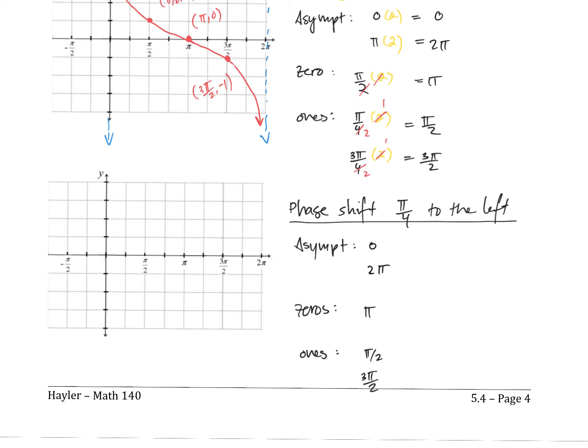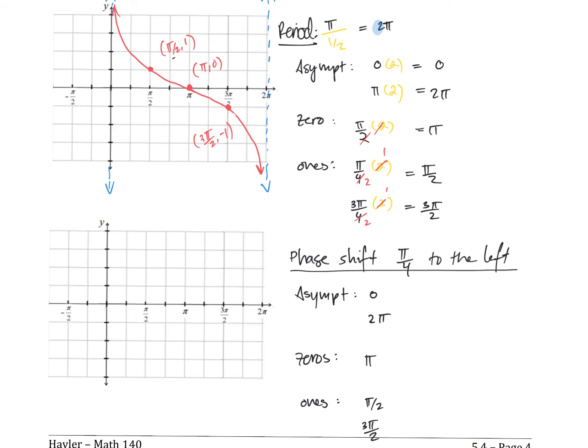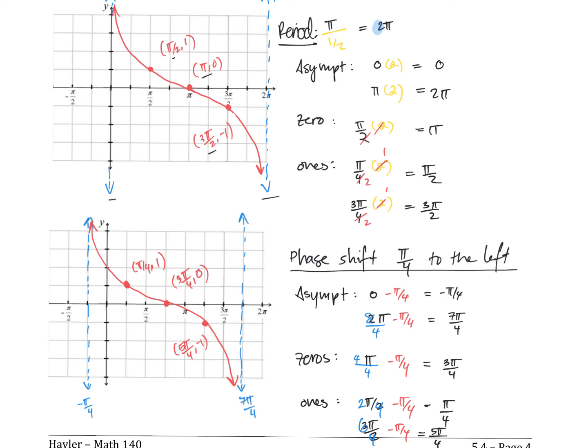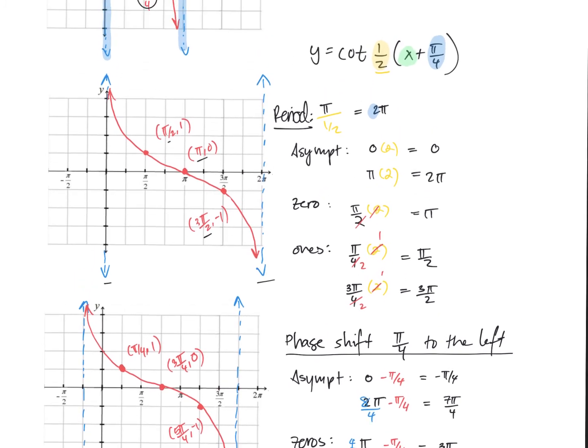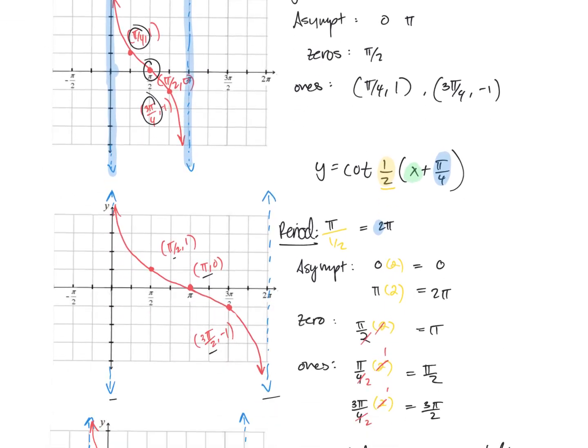Remember, we're building off of these. So we have our zeros, our ones, and then our asymptotes, and we're going to be subtracting pi over 4 from all of them. Okay, so I'm going to go ahead and let you do that calculation by yourself, and I'll graph it and check your work with mine. Alrighty, so we have the finished graph of a transformed version of cotangent.